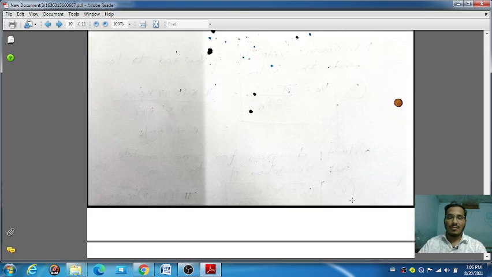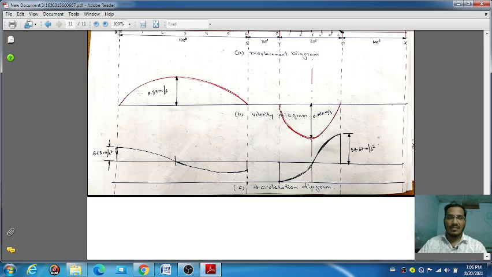So 0.39 maximum, and this is your maximum velocity at the highest point and maximum velocity at the lowest point. Okay, this is also your maximum acceleration at the highest point, and this is your maximum acceleration at the lowest point.